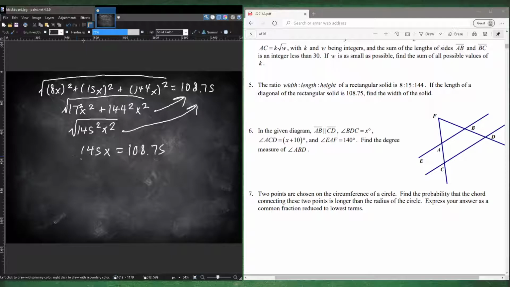You can test it out, it's true. So do 8 squared plus 15 squared plus 144 squared and then square root the entire thing to get 145 on your calculator. So now we just need to find x, which is 108.75 divided by 145, which gets you 0.75. Now our width is the 8 ratio, so 8 times 0.75 is 6. And that is your answer for number 5.